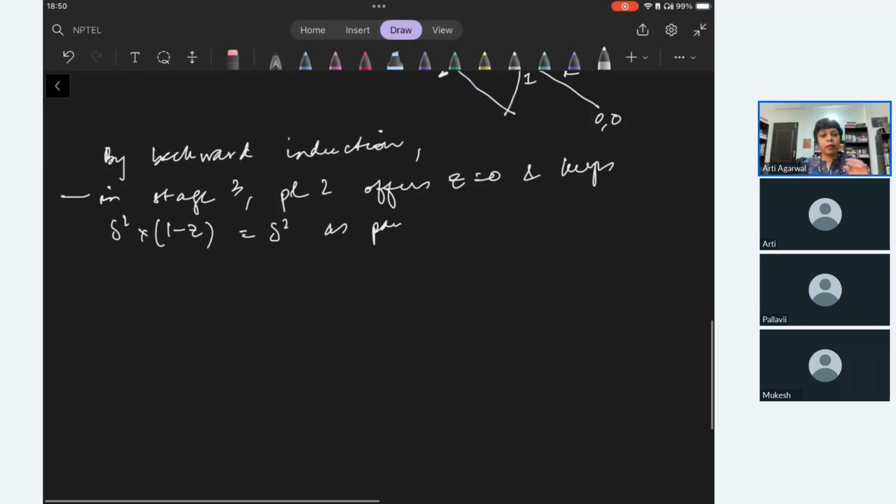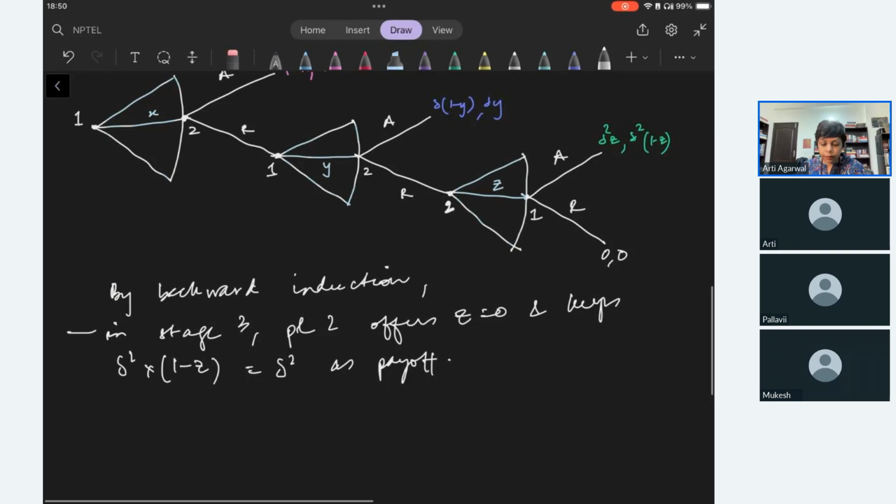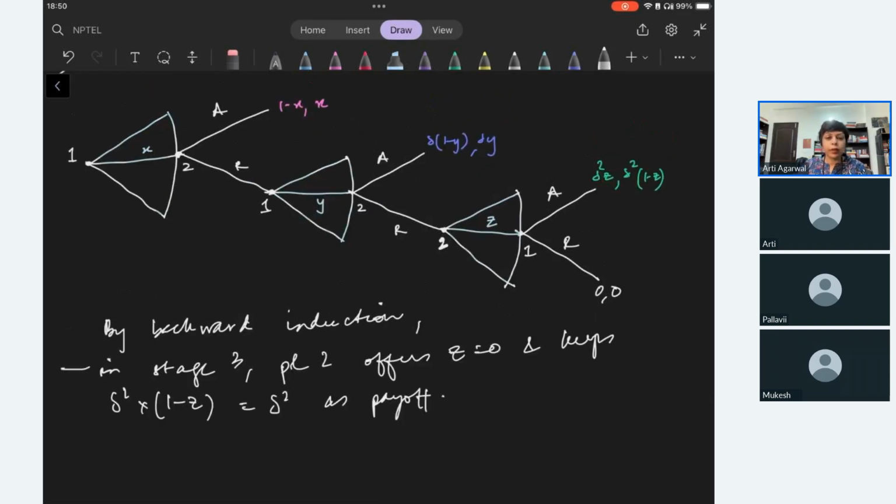This is the final payoff to player 2. Now, player 1 knows that player 2 is going to offer 0 in the last stage, and player 2 is going to get delta square as payoff. So this is stage 1, stage 2, and this is stage 3, right? In stage 2, he will want player 2 to accept so that the game doesn't go to stage 3, so that player 1 can also get some positive payoff, right?